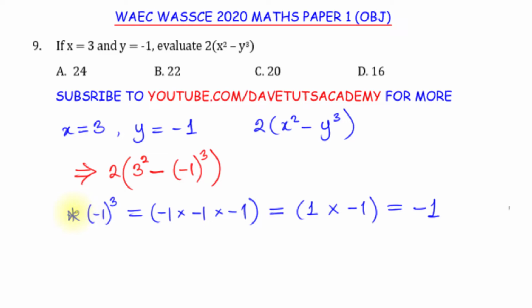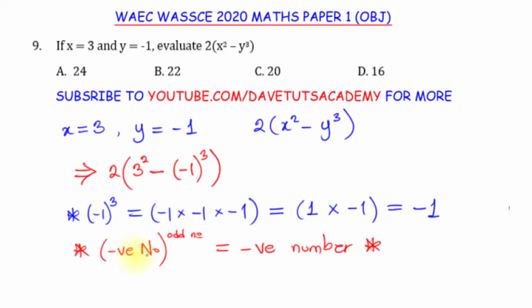In short, as a rule of thumb, a negative number raised to power an odd number will always give you a negative number. Just note this, please. Whenever you're working, put this at the back of your mind.